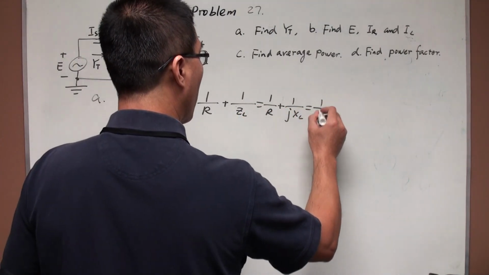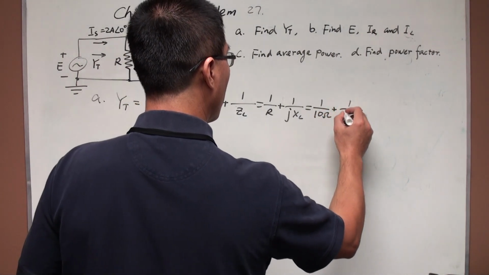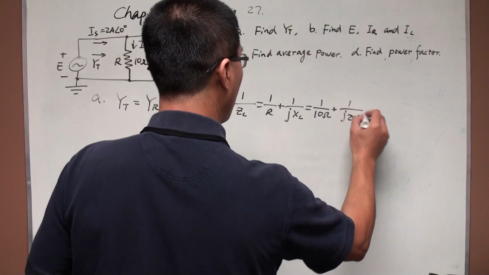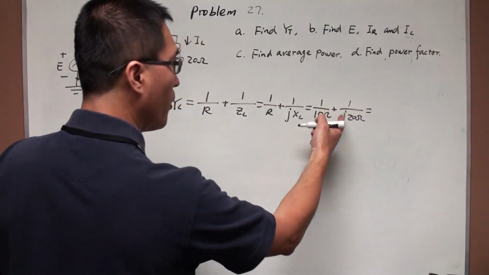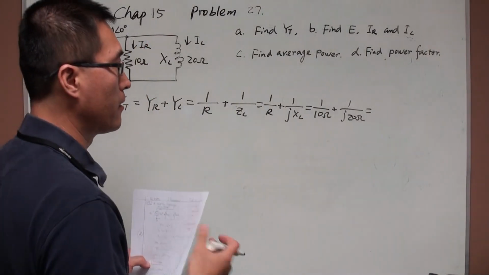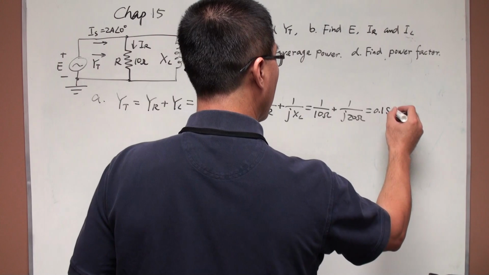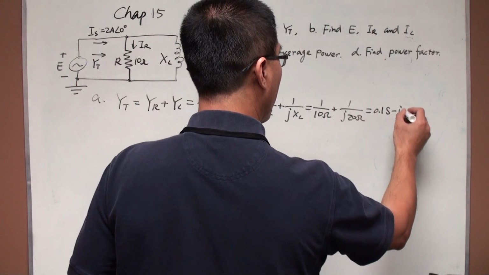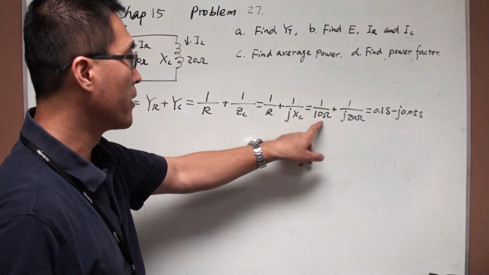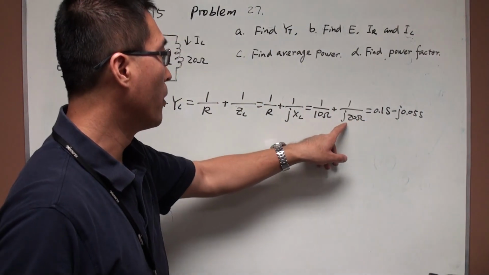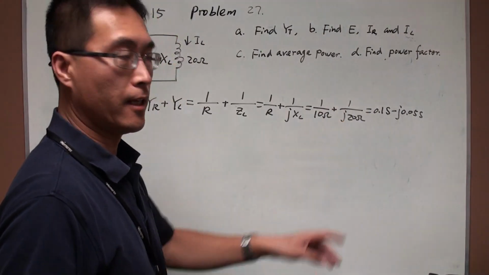So 1 over 10 ohms plus 1 over J 20 ohms, where 20 ohms is XL. 1 over J becomes negative J, so this is 0.1 S minus J 0.05 S, because 1 over 10 is 0.1 and 1 over 20 is 0.05.